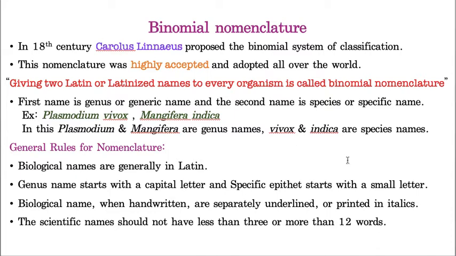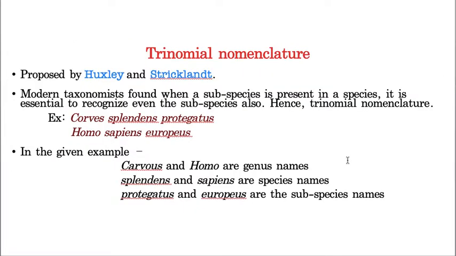Okay, now let us take the third nomenclature. Hope you remember there are three ways of giving names to organisms. One is vernacular names, that means local names, and then binomial nomenclature, the most authentic and highly used. The third type is trinomial nomenclature, as in the name itself, trinomial, three names.